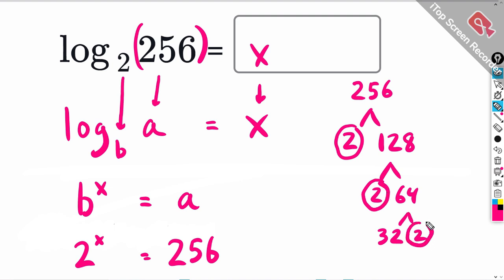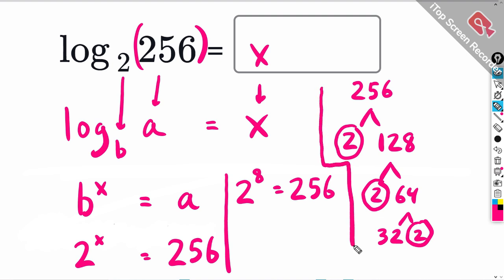Okay, but if you keep going and keep breaking up the 2's, you are going to end up with 2 to the power of, let me see on my calculator. You're ending up with 2 to the power of 8 equals 256. Okay, I basically just took the calculator and kept doing 2 times 2 times 2 until I got 256.